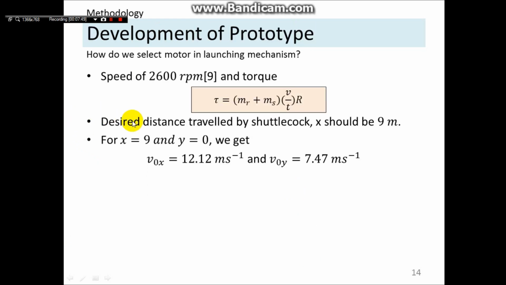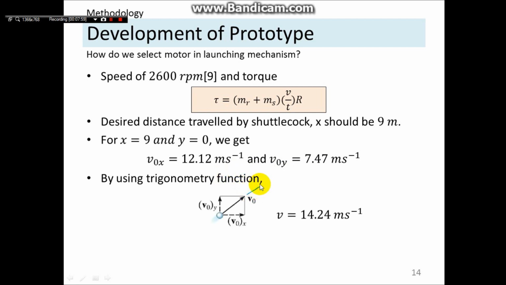Substitute the X and Y into the trajectory equations. We can get VOX and VOY by using the trajectory trigonometry function. We can get the desired velocity, and thus the torque required can be calculated as 0.39 Newton meter.